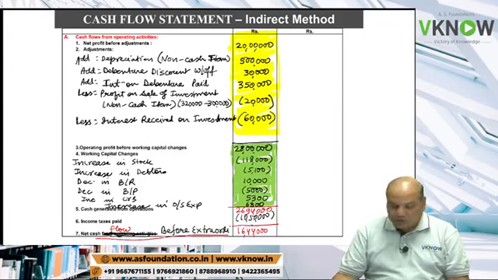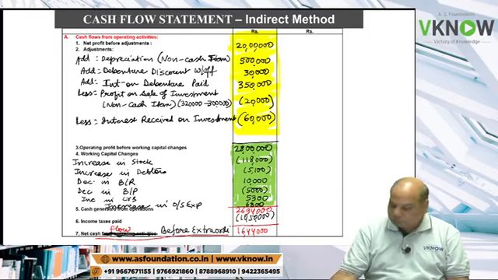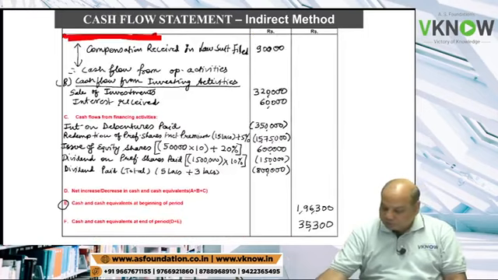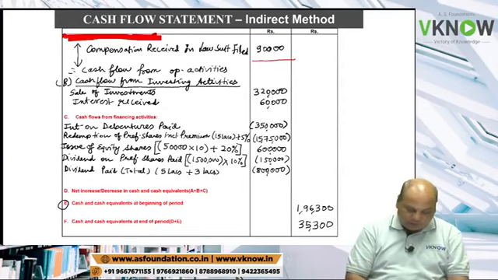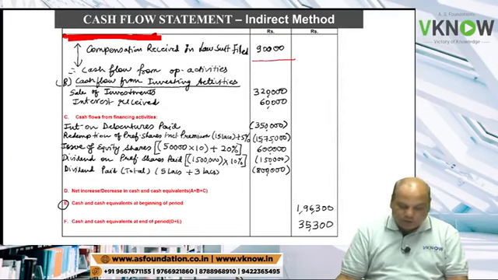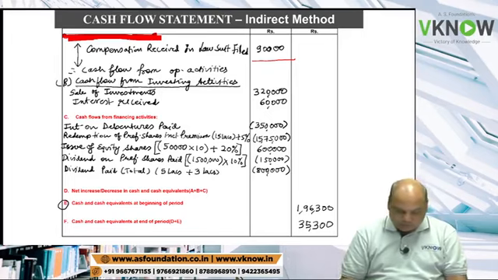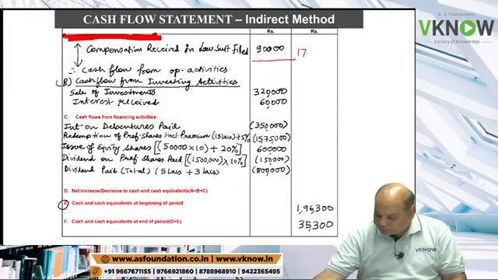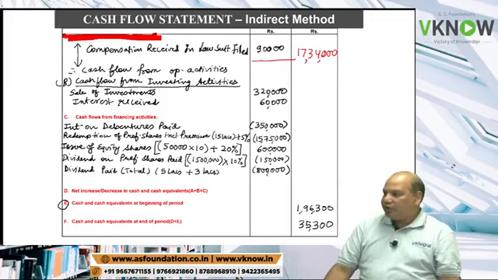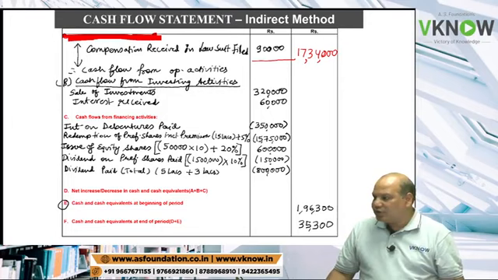And to this 16 lakh 44,000, you add compensation received, plus 9 lakh 90,000 inflow. So cash flow from operating activity is 17 lakh 34,000. Chaurasia is right.